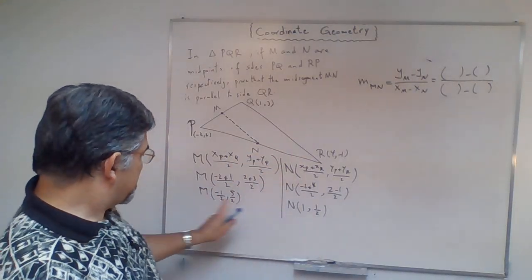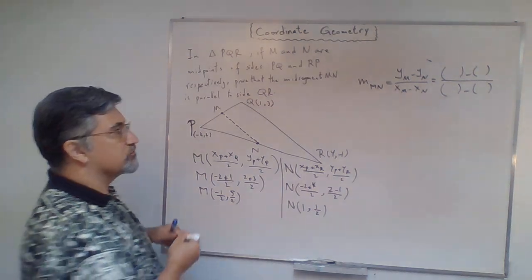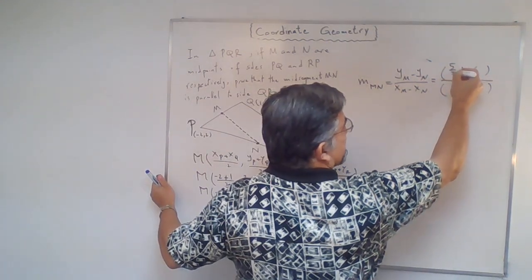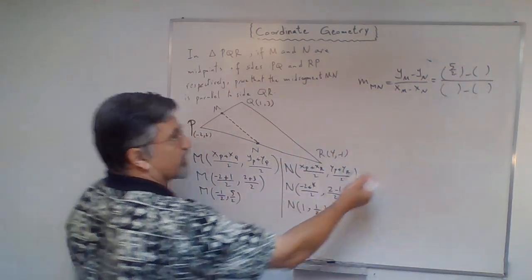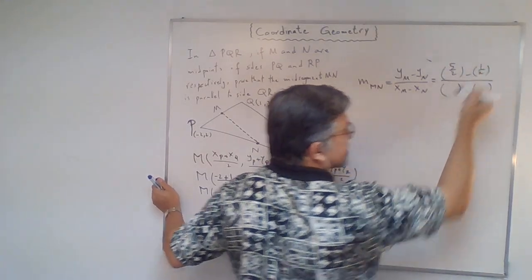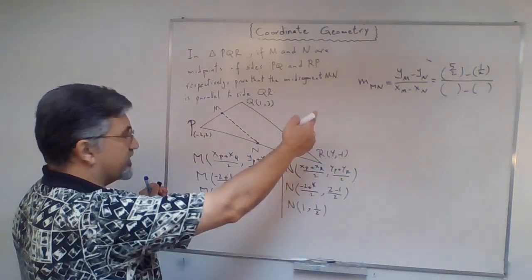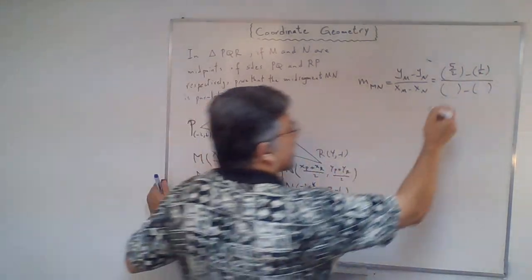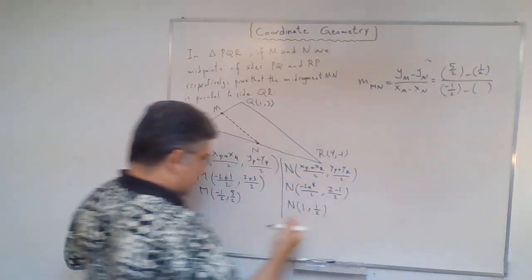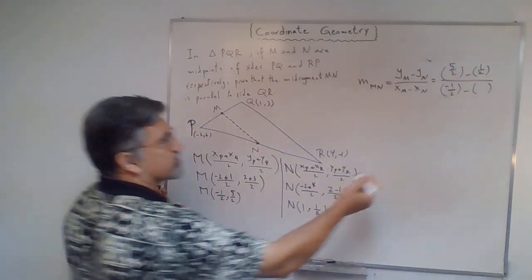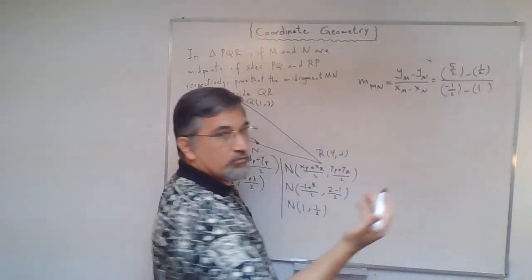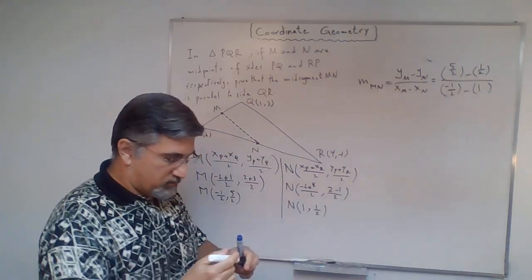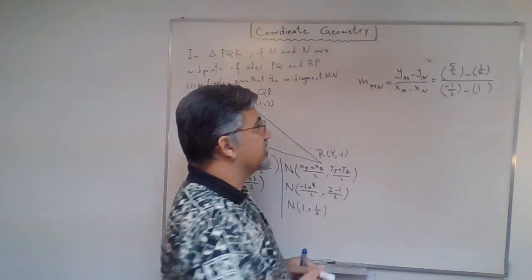So y of M is clear, it's 5 over 2, so that's going to go in the first bracket. Y of N is 1/2, that goes in the next empty brackets. Then x of M is negative 1/2, and x of N is 1. Okay, so you don't make mistakes when you always follow this method.